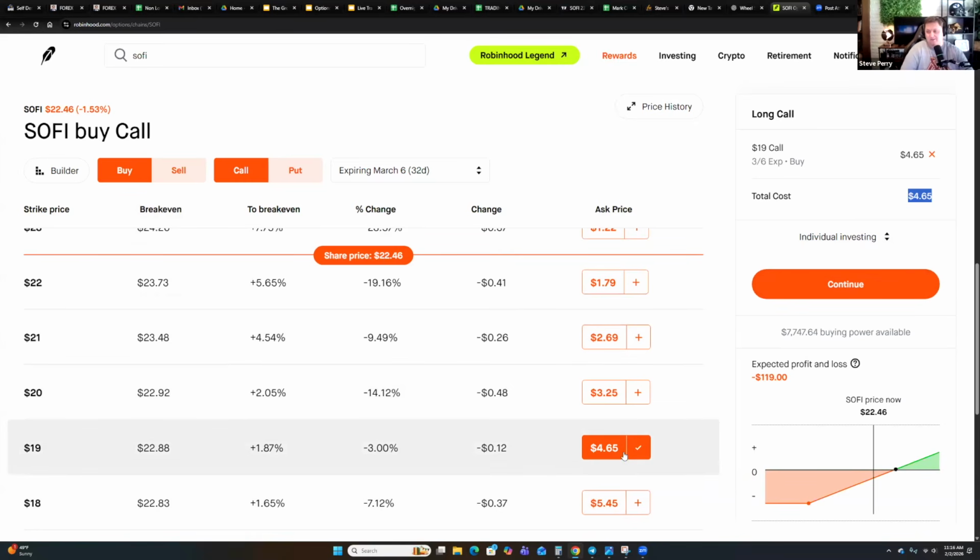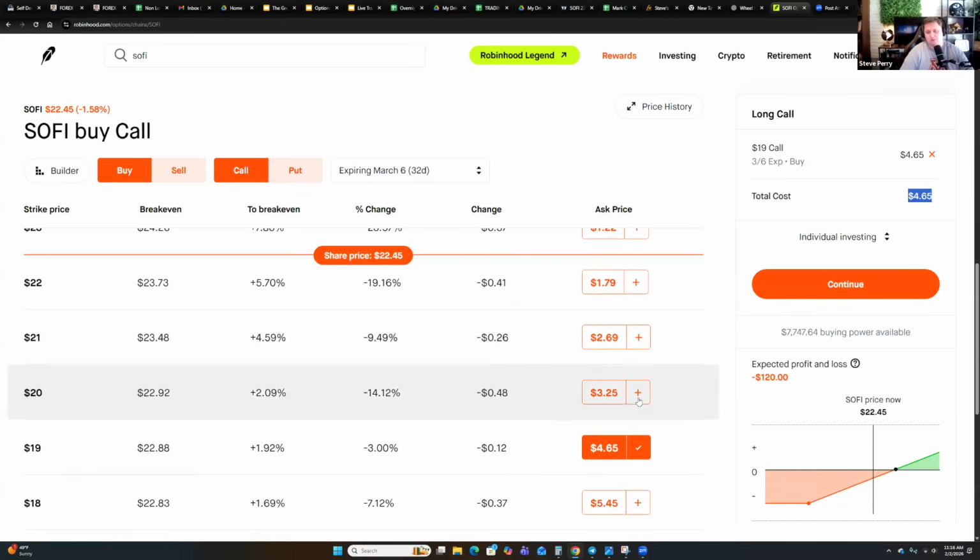Okay, why is it called deep in the money? Or you could just call it in the money. I consider that deep in the money because the market would have to fall like 20%, 25%, 30% or so to get to your strike price, right?